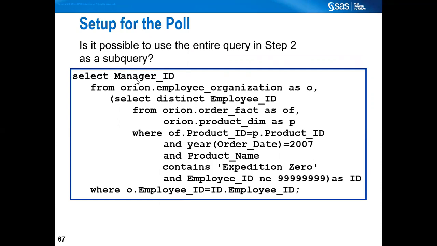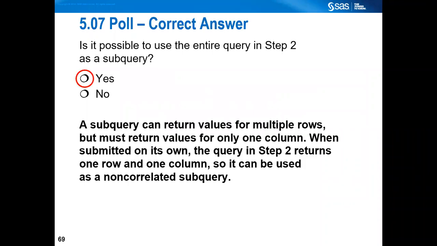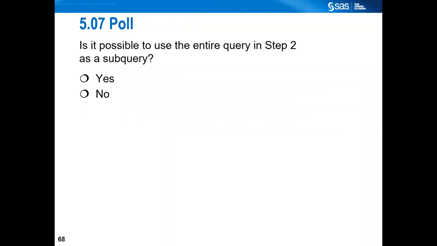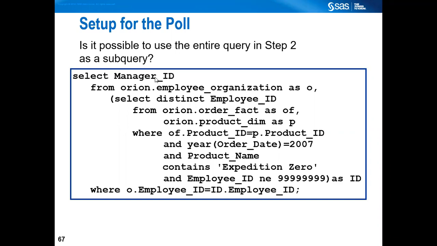It is querying a single column, so we can use it. See, it's querying only manager ID, a single column. It may give you multiple values, but it's querying a single column.